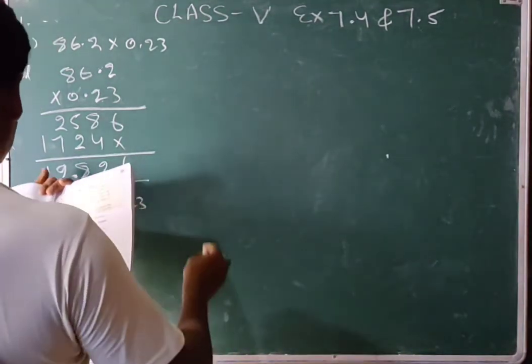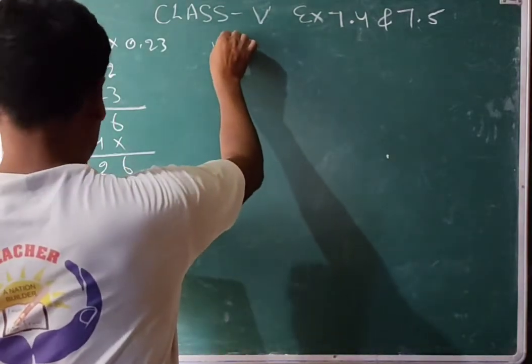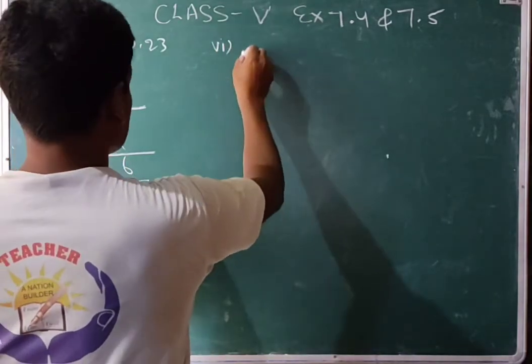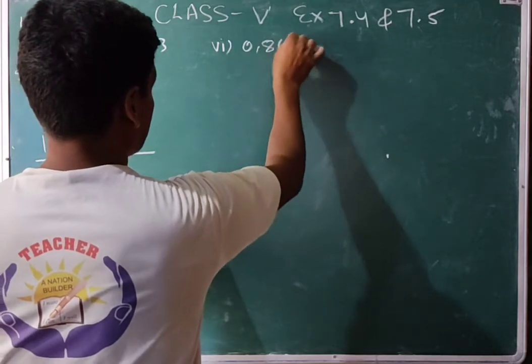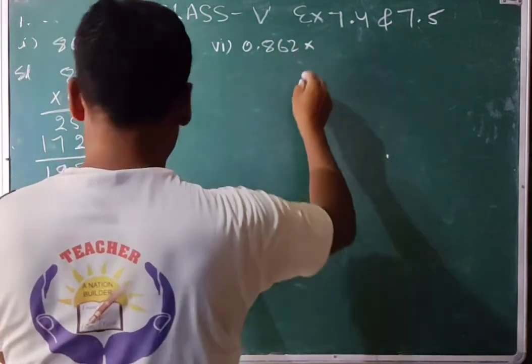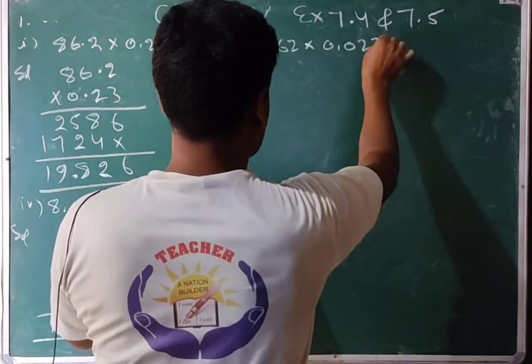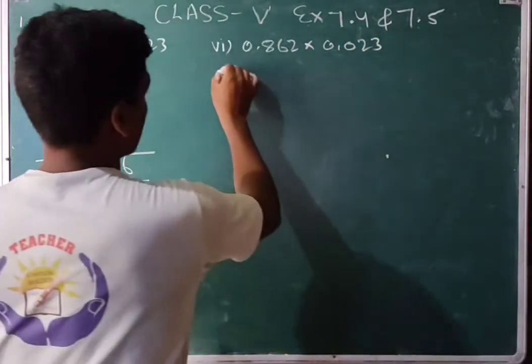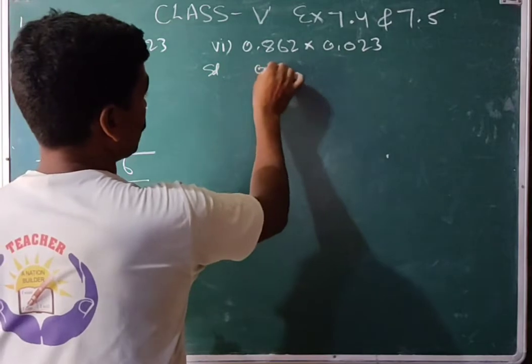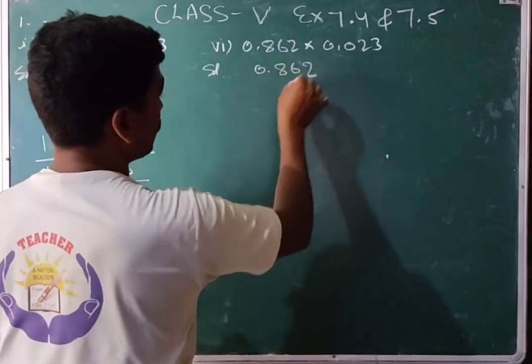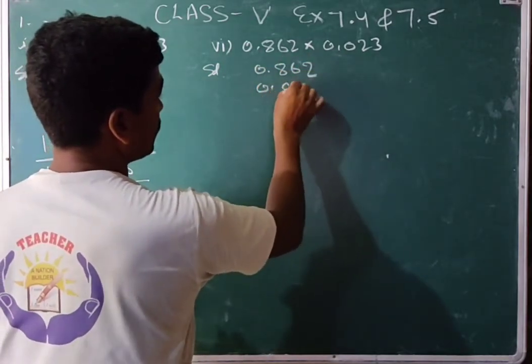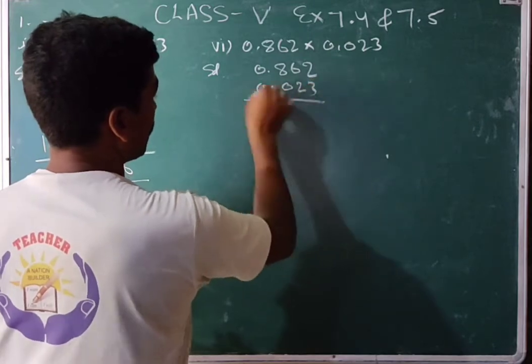Last part, that one 6, 0.862 multiply by 0.023. Similarly we will multiply 0.862 by 0.023.